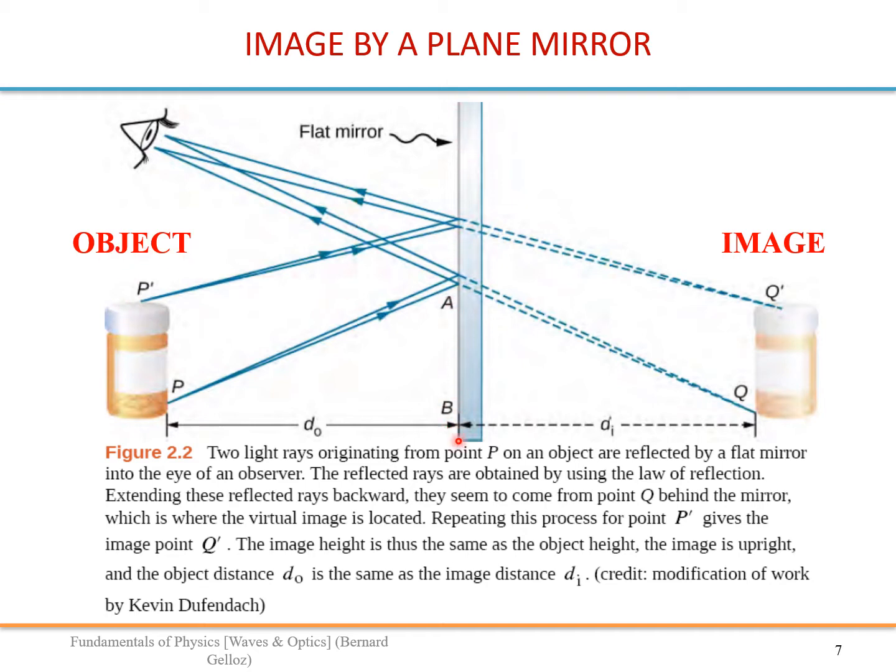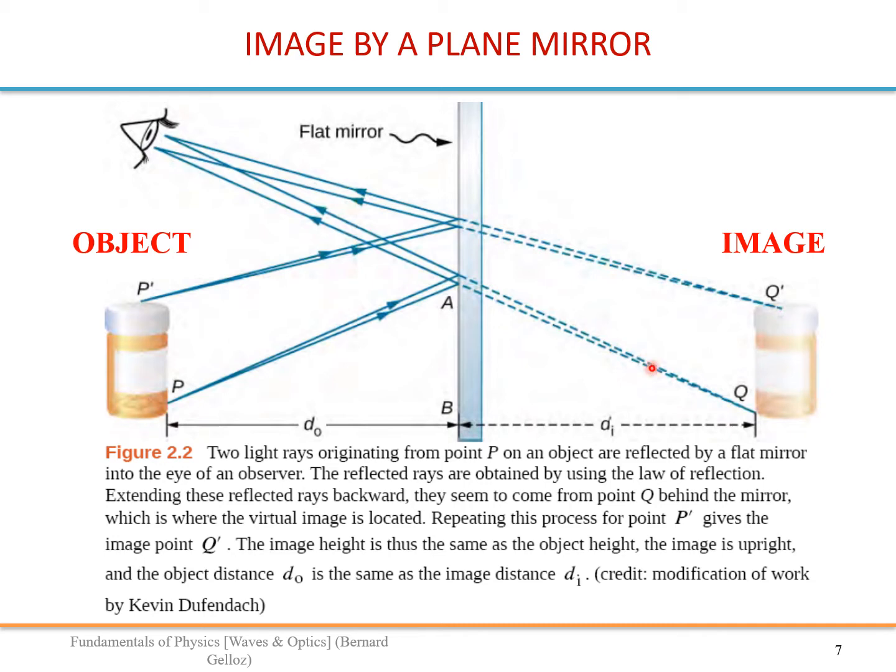You use an extremely smooth surface, and you put, for example, a thin layer of a metal like aluminum or silver. Silver is the preferred metal for reflection. Let's take that object here, and if you are here, you will see that object as if it were there.